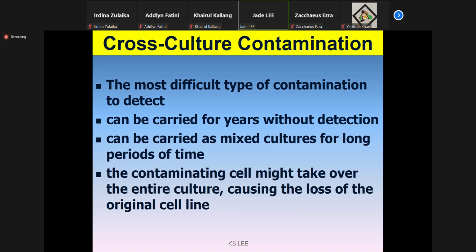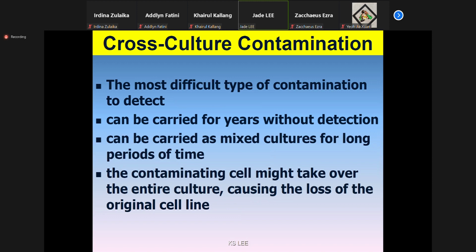Yeah, and it can be carried for years without detection, as a mixed culture for a long period of time. Once you have these contaminations, the results that you obtain from the experiments are no longer valid, because what we want is a pure culture cell line, not a cross-contaminated cell line.